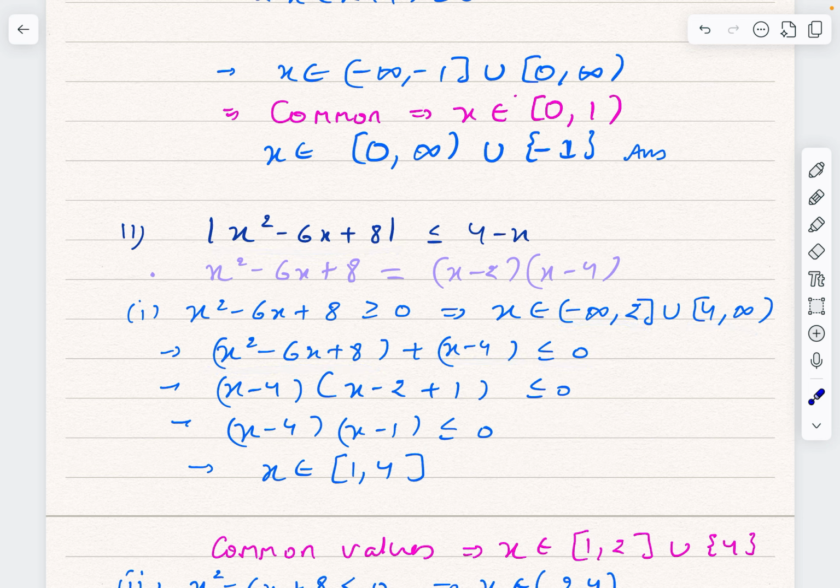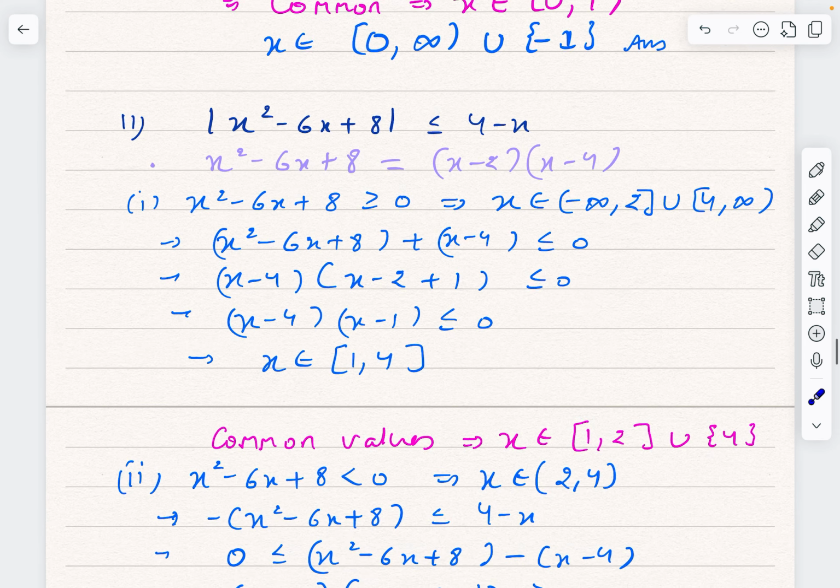Just again factorize, take common, finally end up with this thing less than or equal to 0, x belongs to 1 to 4. Now take common values here and here. See, 1 to 4, if I take common here, you get 1 to 2. So this and this common will be 1 to 2. This and this common will be just 4.